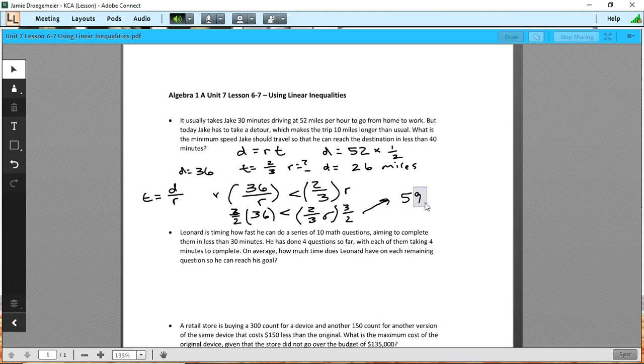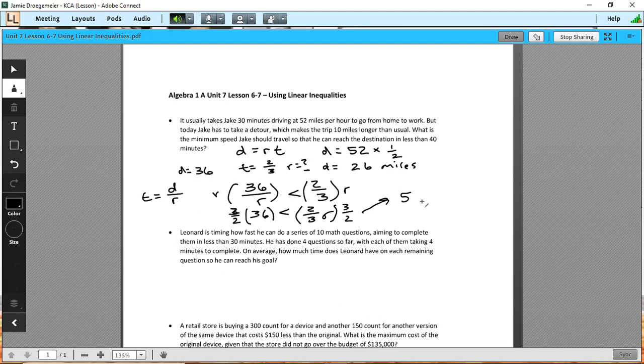It's 54, not 59. So 3/2 times 36 is 54. And so we get 54 less than r because 2/3 times 3/2 is 1. And remember, if we want to flip this around to where the r is on this side, we also flip that symbol. So we would say that his speed needs to be greater than 54, and this was in miles per hour.